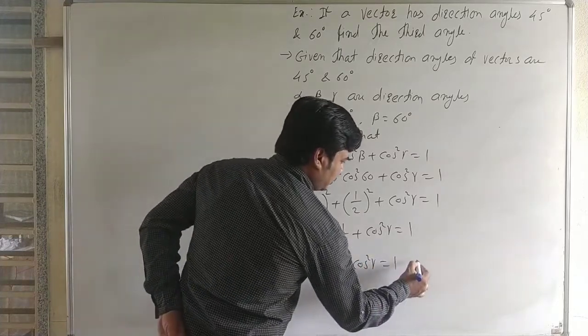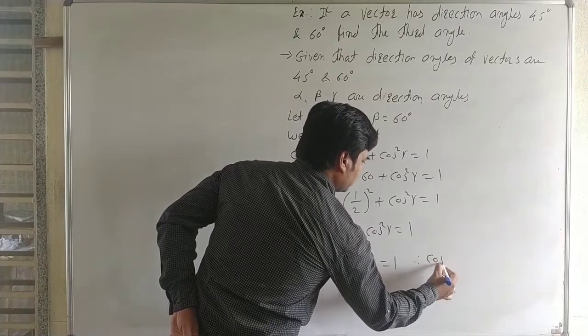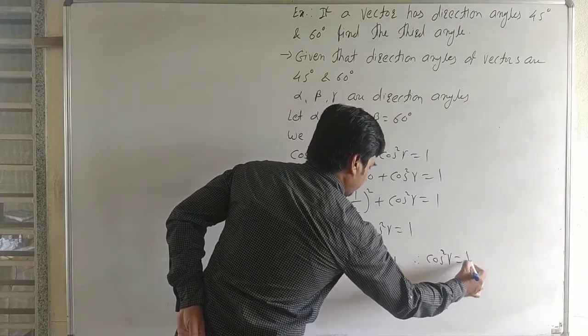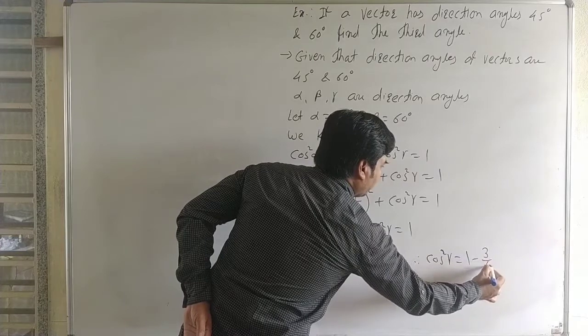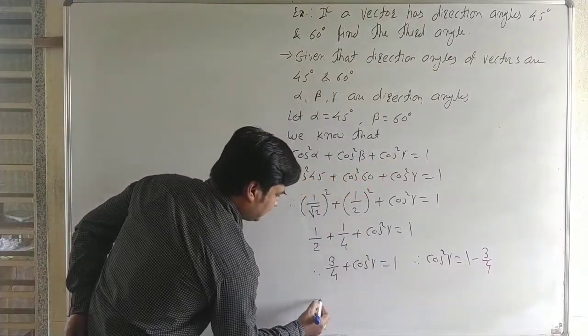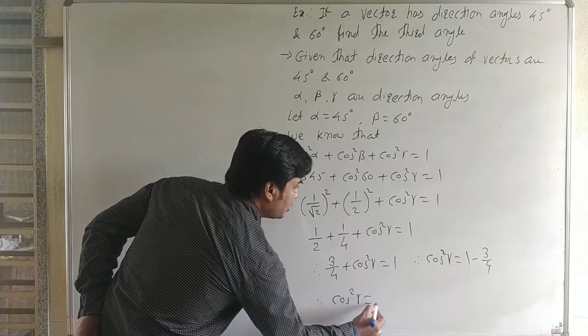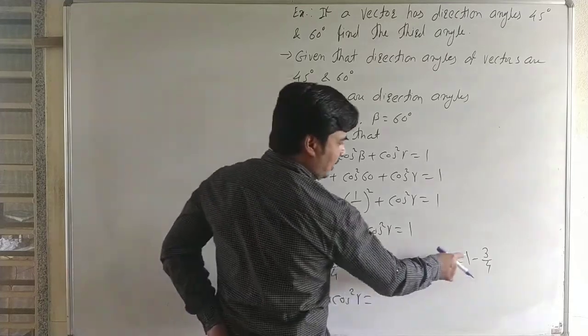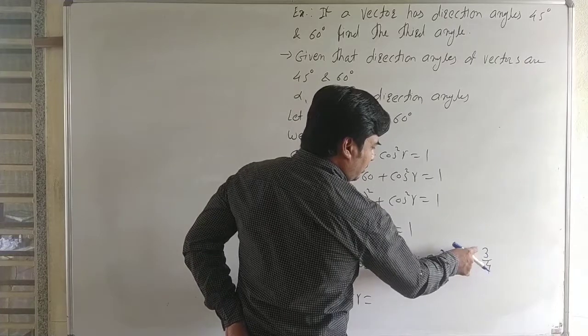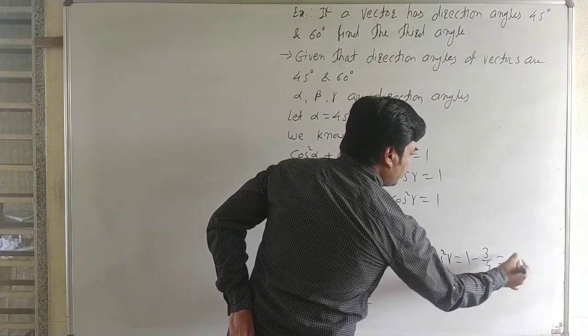Then cos square gamma is equal to 1 minus 3 by 4, that is 1 by 4.